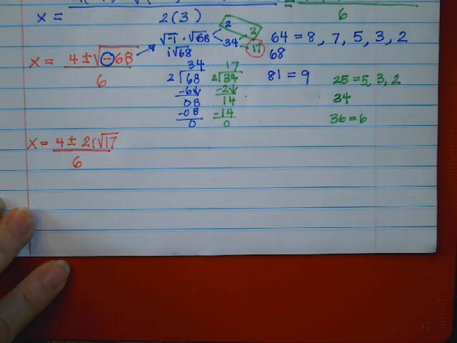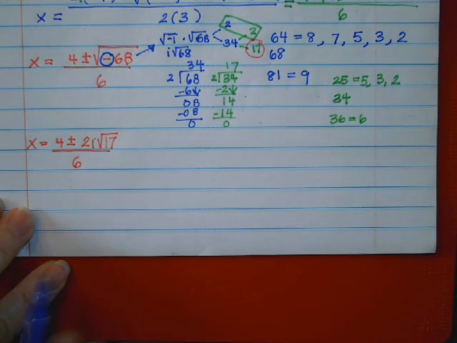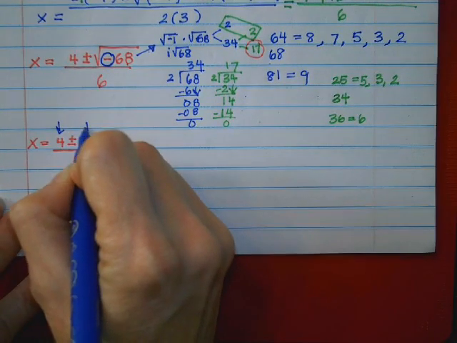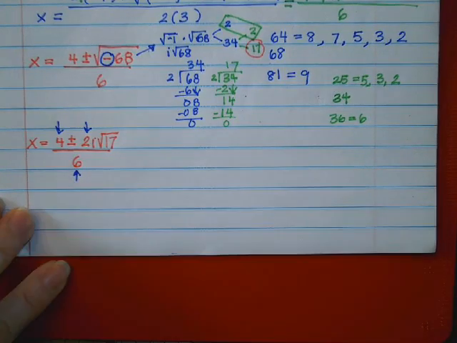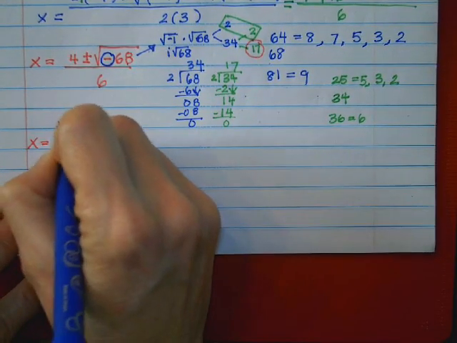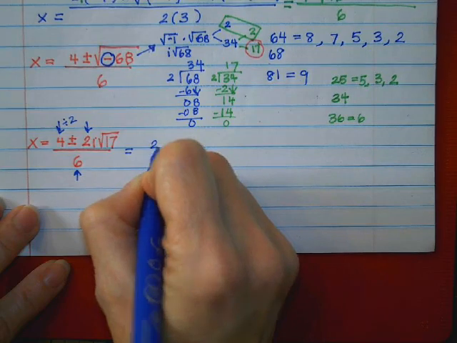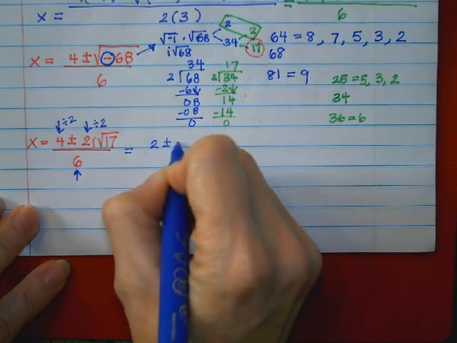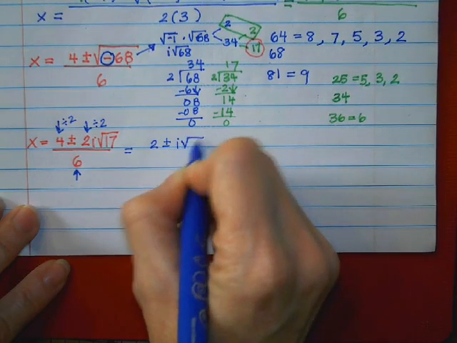Now we have to reduce our fraction, if we can, by looking at the three coefficients, 4, 2, and 6. Are 4, 2, and 6 all divisible by the same number? Do they have a GCF? Which they do, which is 2. So we take that 4 and divide it by 2, and we get 2. We take this 2 and divide it by 2, and we get 1i, or just i, square root of 17.